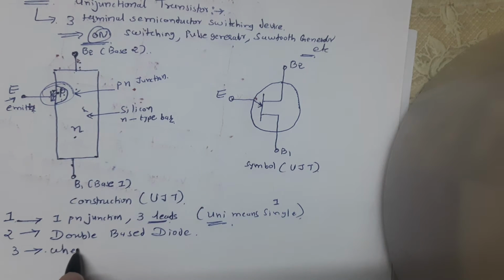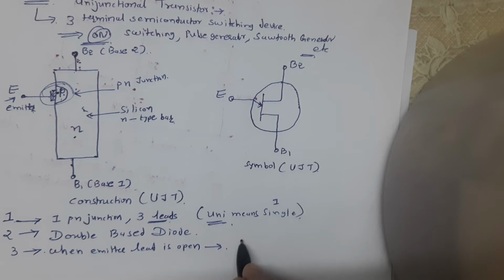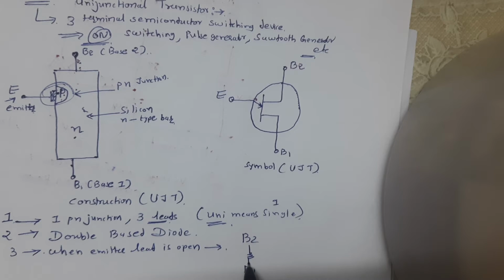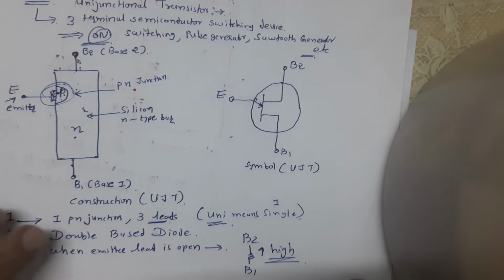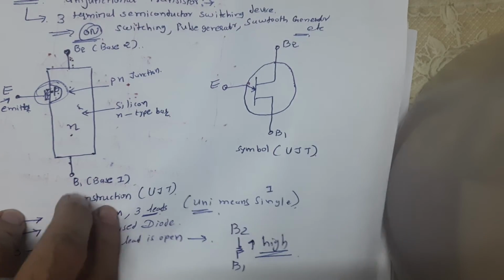So when the emitter lead is open, at that time the resistance between B2 and B1 is very high. These are the three main points of the unijunction transistor.